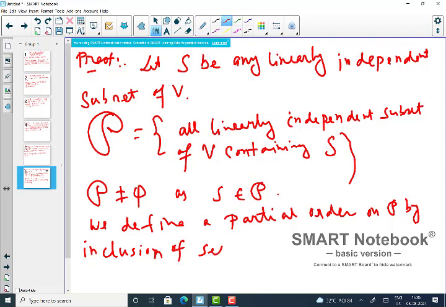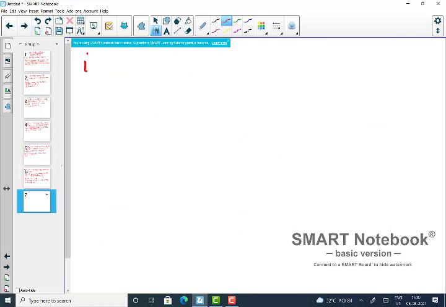That means you choose two sets A and B, and A is less than or equal to B if A is a subset of B. You can check that this relation is reflexive, antisymmetric, and transitive. So P is a partially ordered set, that is obvious.